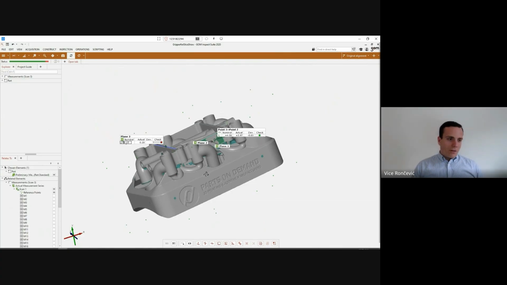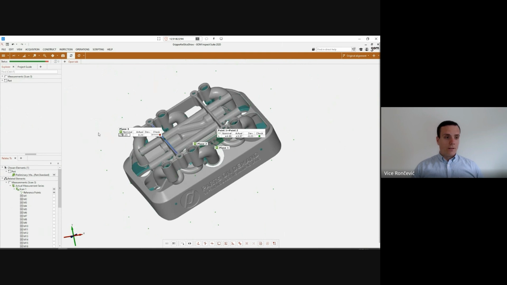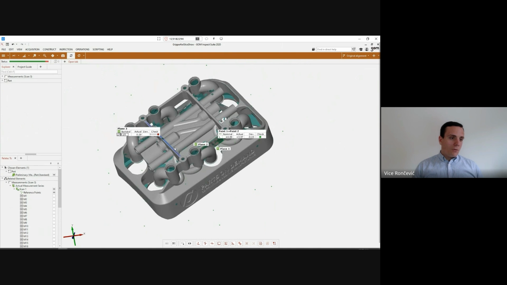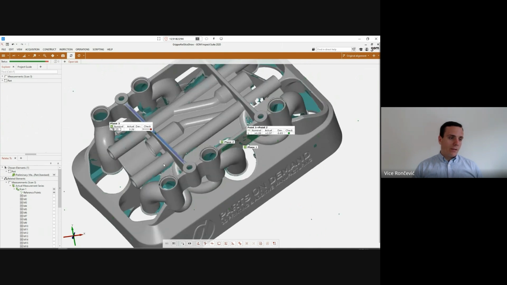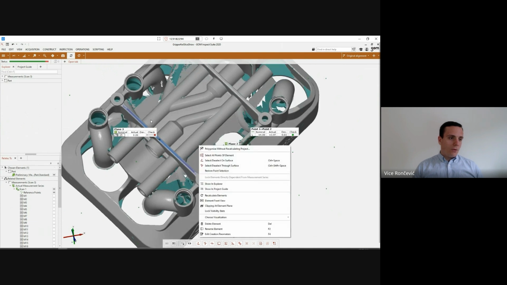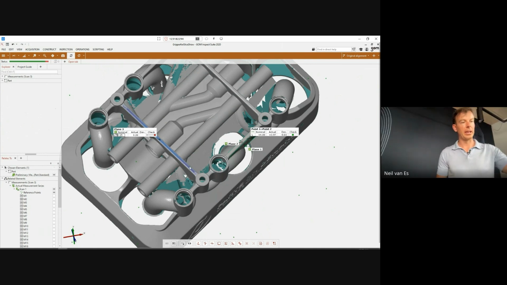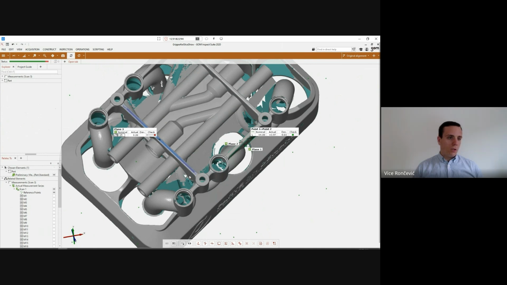As you have mentioned and so kindly scanned the example manifold, I took the liberty to make a couple of example measurements. Let's start with the flatness, the one that we have followed from the slide. This example manifold has quite a thin straight plane on top in between these two screw holes.